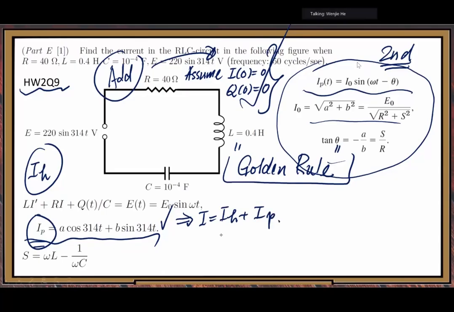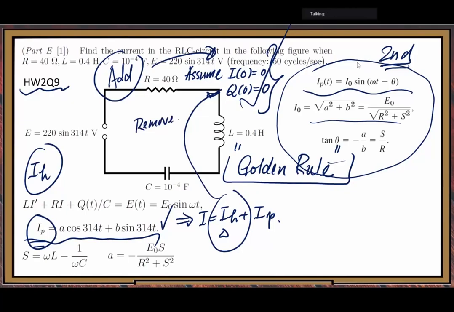I think for you it's very easy to get the IH part, right? But when you add the IH part, you remove that assumption, because for your general solution, you don't need initial values, right? So for the general solution, you do not need initial values.